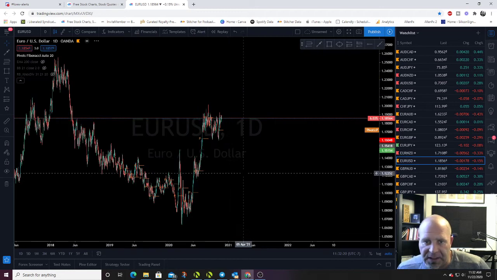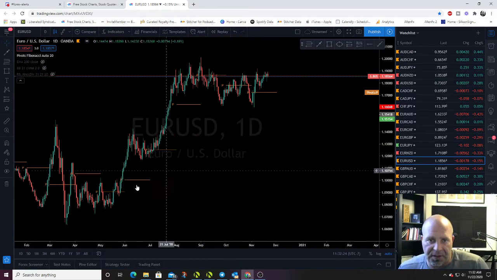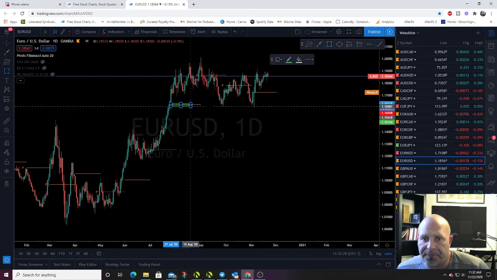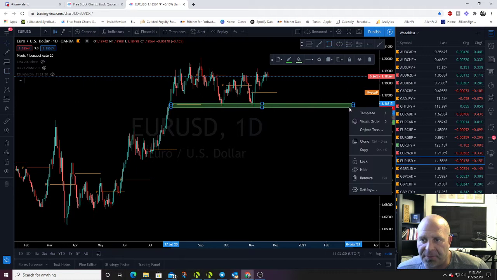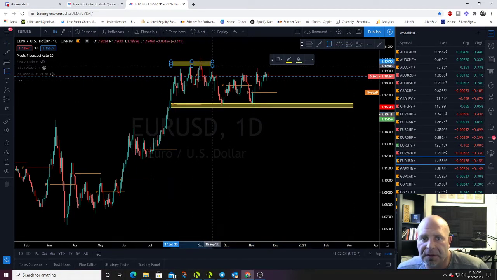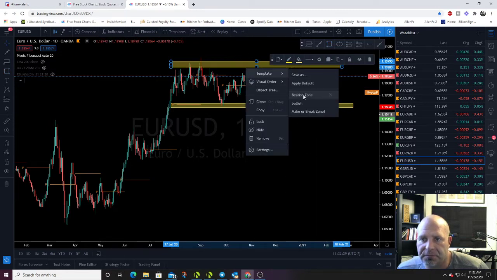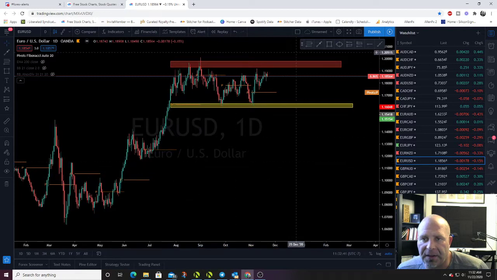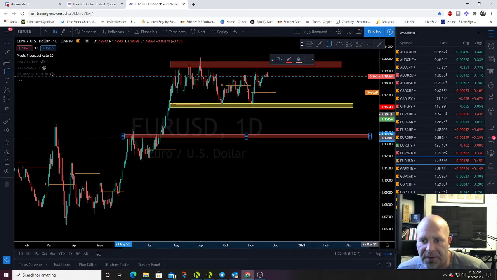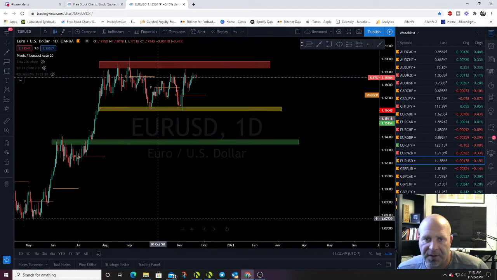Euro USD. Wow, look at that consolidation after this big bullish run. So that is make or break. Here is my bearish zone. And here's a little wiggle spot right here that I want to call my bullish. Why look bullish if we get down here?